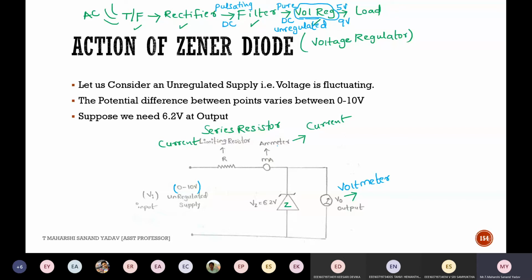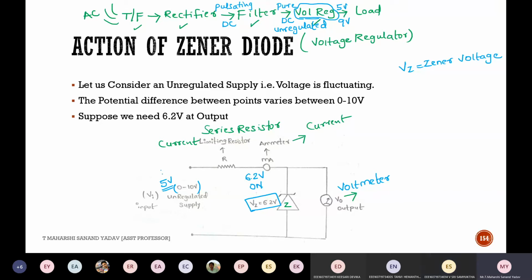This is an ammeter, which is used to measure current. Now if you see here VZ, what is VZ? It is the Zener voltage. Suppose for this diode to work, meaning to switch on, the minimum voltage that I need is 6.2 volt. If I'm applying 5 volt at the input, will this diode switch on?